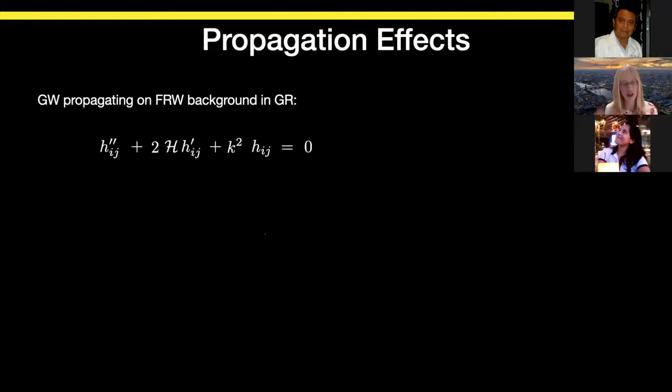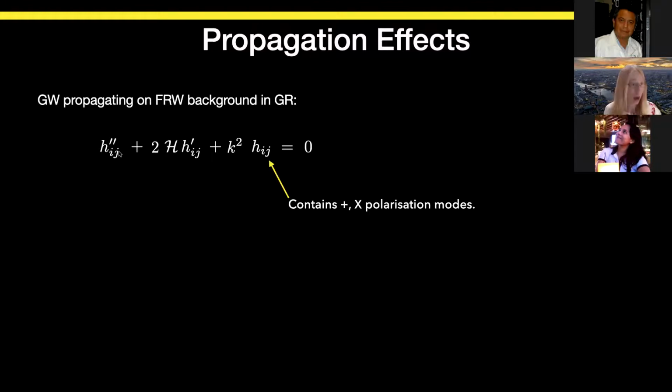So let's look at the propagation equation for a gravitational wave traveling across an FRW universe in general relativity. Okay, here it is. So h_ij is just the linear perturbation of our metric. So it holds the gravitational wave. And we know in reality there's 2 polarization modes hidden within this object, although I won't worry too much about that today.